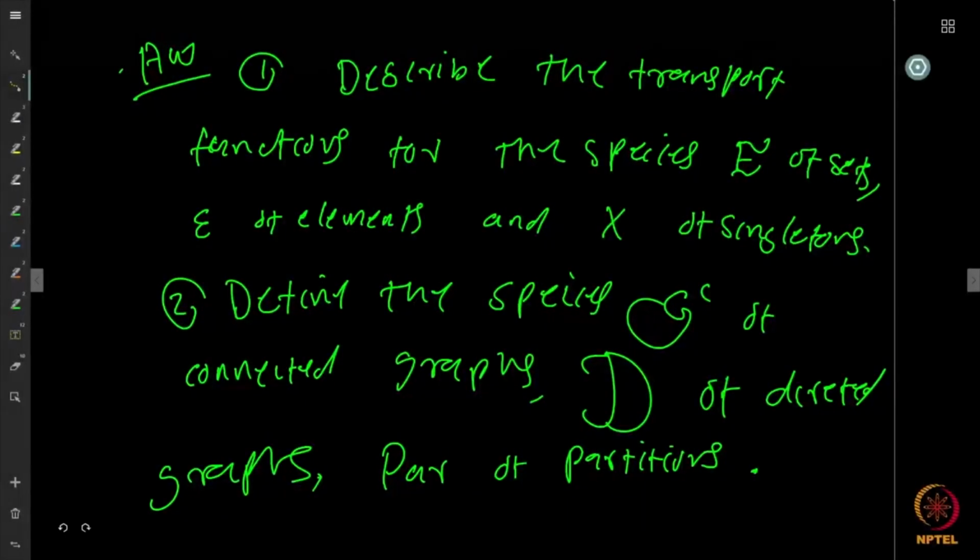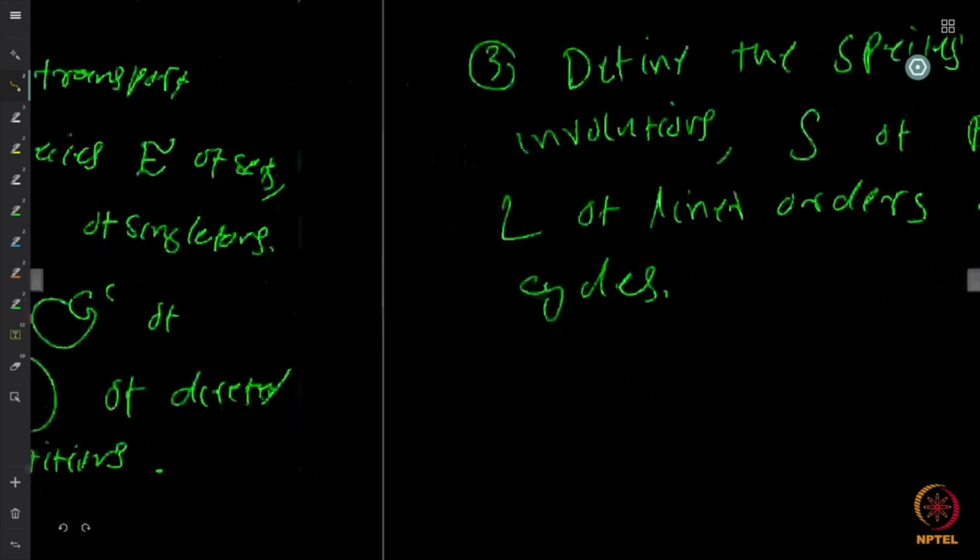Okay, the second question is to define the species GC of connected graphs, the species D of directed graphs, and species PAR of partitions. So all these species you can define, right? Try in your own words, and let's see how good that is.